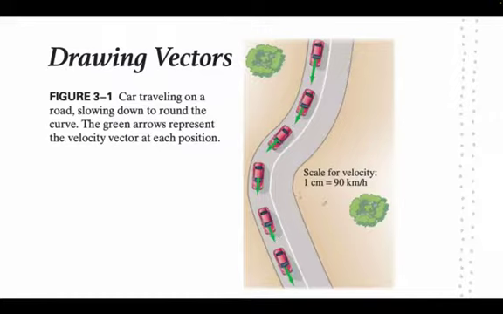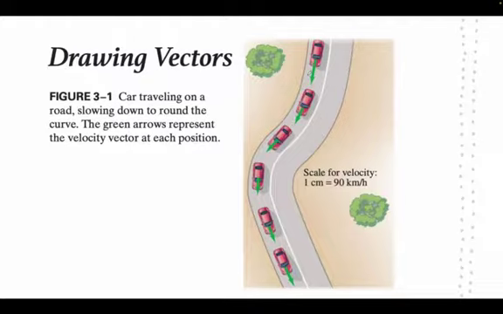And down here we see a scale. The scale says 1 centimeter per 90 kilometers per hour. So that means that for every centimeter of length, each of these arrows represents a velocity of 90 kilometers per hour. So if the arrow had 2 centimeters in length, that would be a velocity of 180 kilometers per hour.